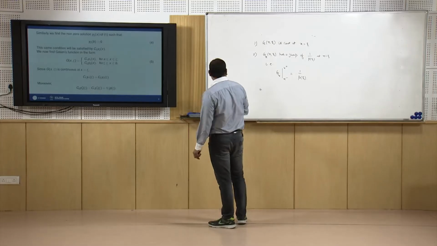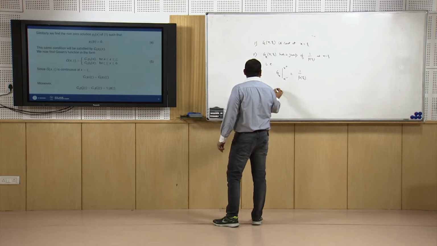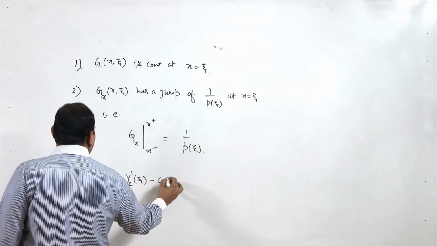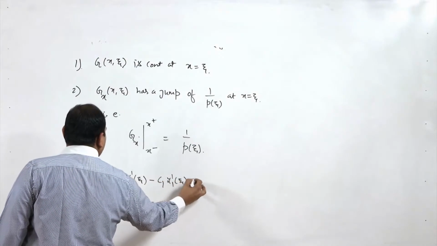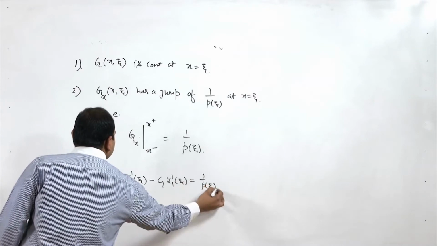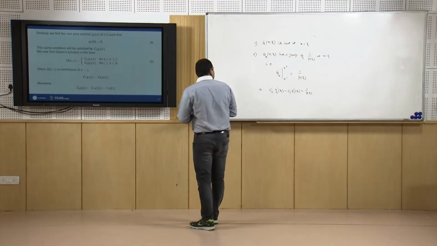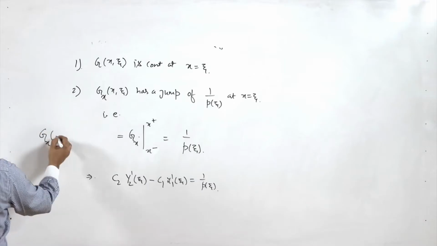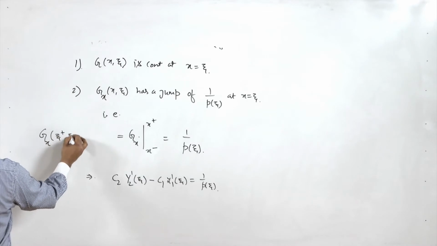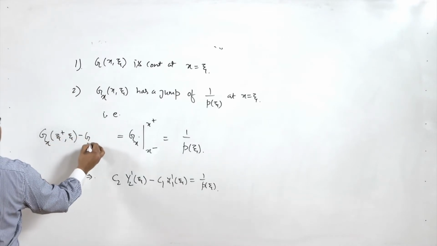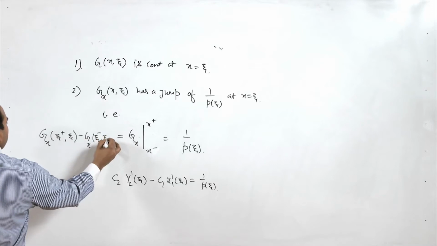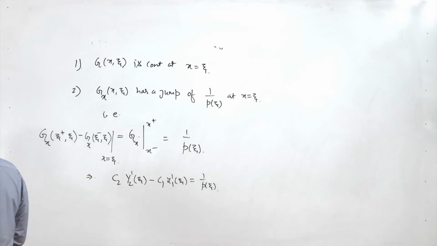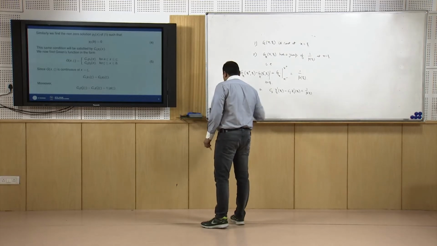So if you differentiate, you will get c2 y2'(xi) minus c1 y1'(xi) equal to 1 upon p(xi). This you can write like this.